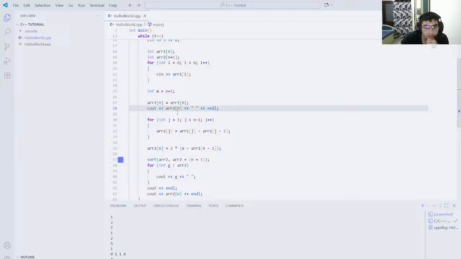Okay, so this is 1. Okay, that's good. Okay, now I have done 1 is equal to, which is 1.